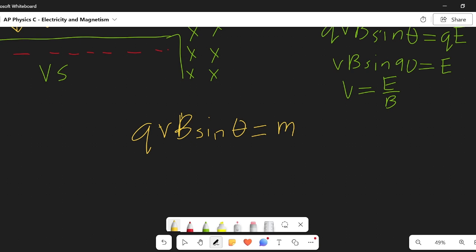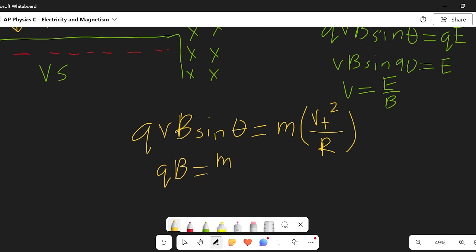mass, the determined mass, times the velocity squared divided by r, which is the radius. Because sine 90 is just 1, we can cancel out one of the variables.